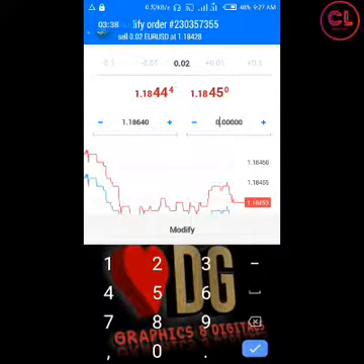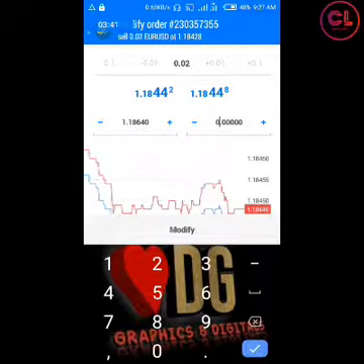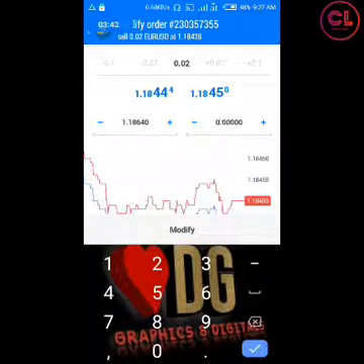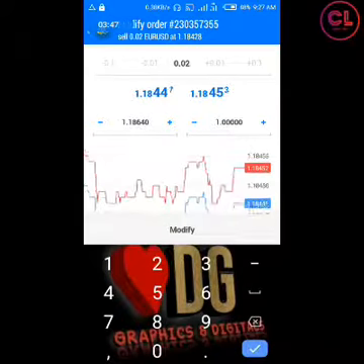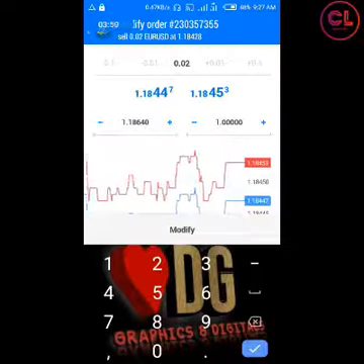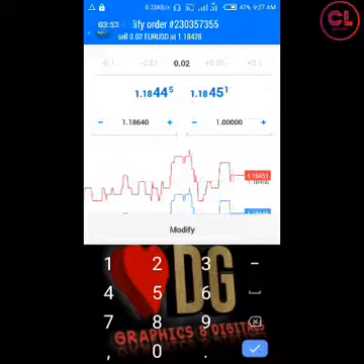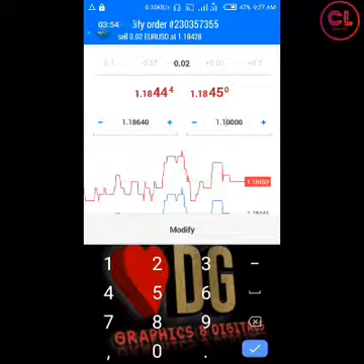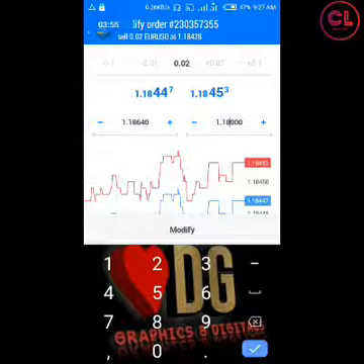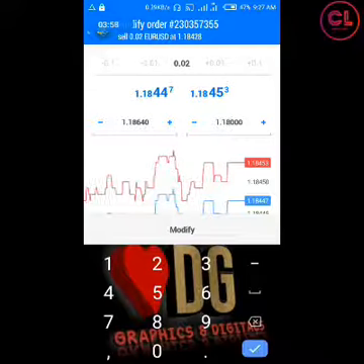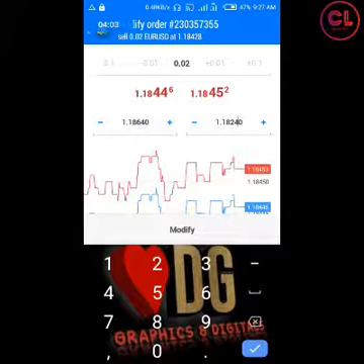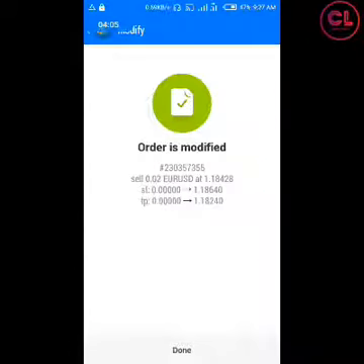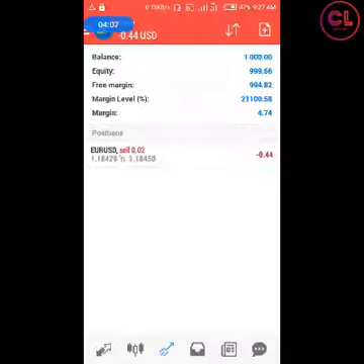Then, because we are selling, the take profit is supposed to be lower, so our take profit will be 20 pips lower, 1.1824. Then press modify. You have set your stop loss and take profit.